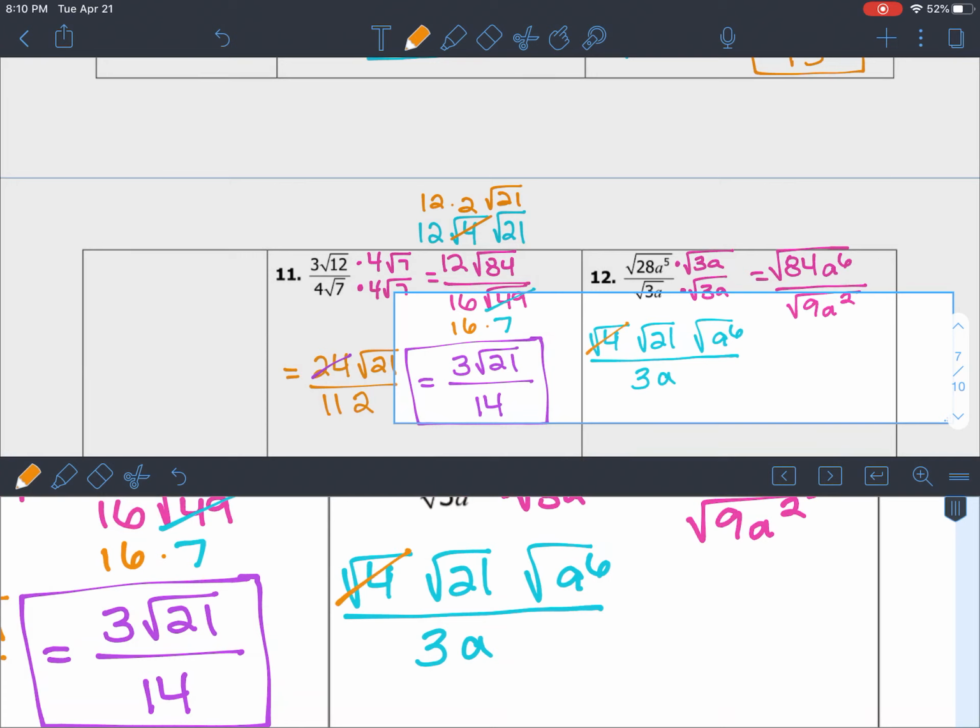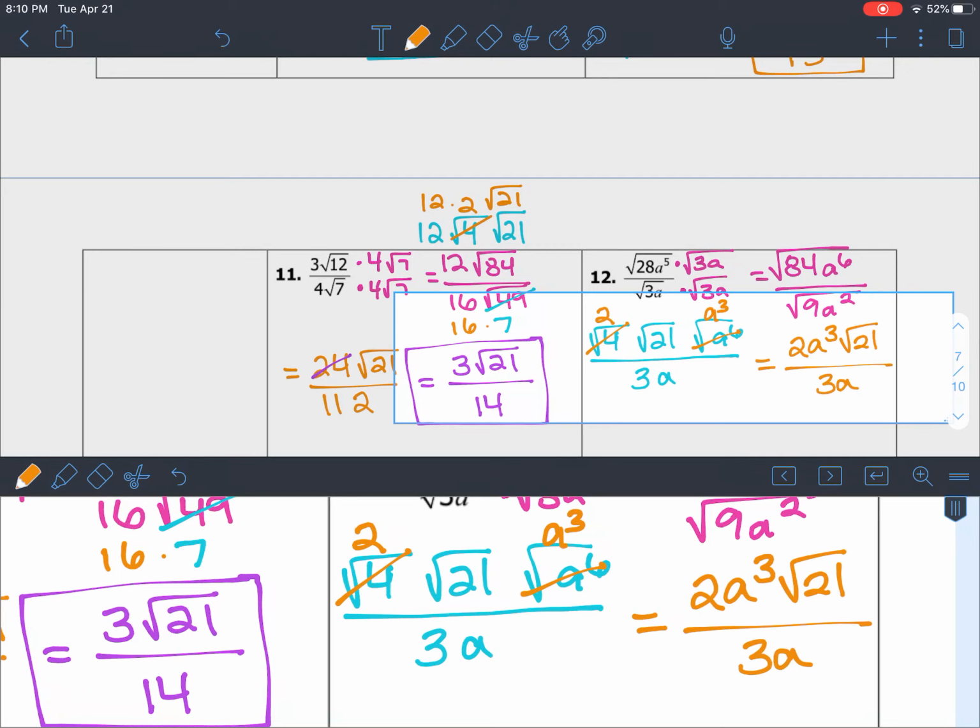And then I can continue simplifying. So this becomes 2. The square root of a to the 6th, how many groups of 2 are in 6? Well, that's 3, so this becomes a cubed. And I'm going to end up with 2a cubed, the square root of 21, all over 3a.